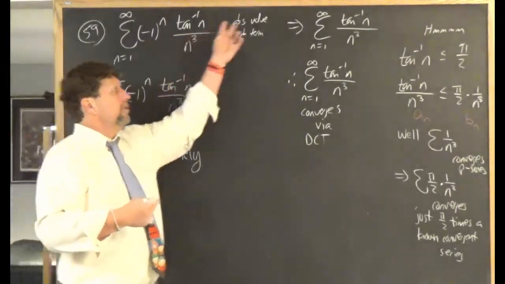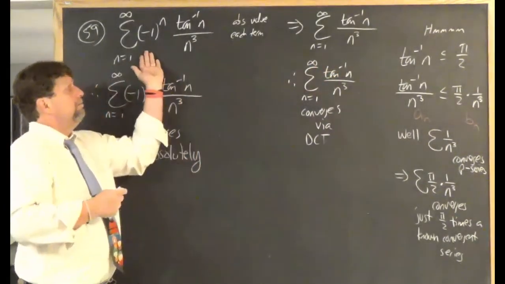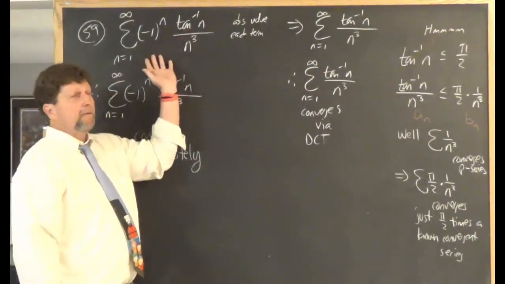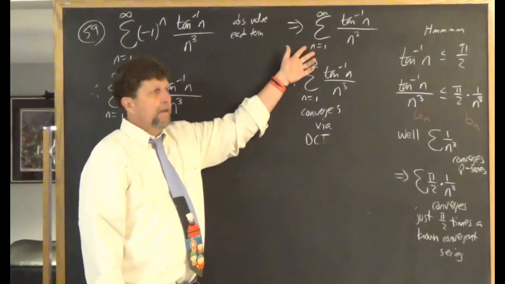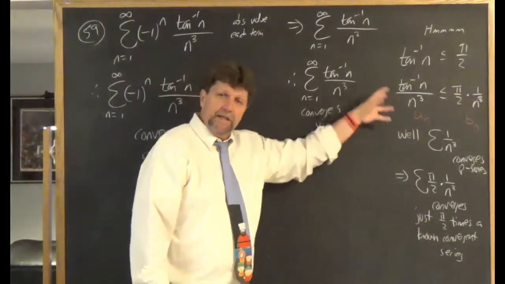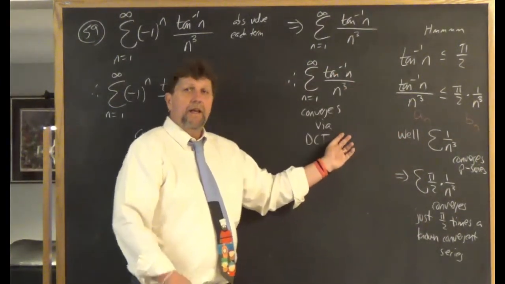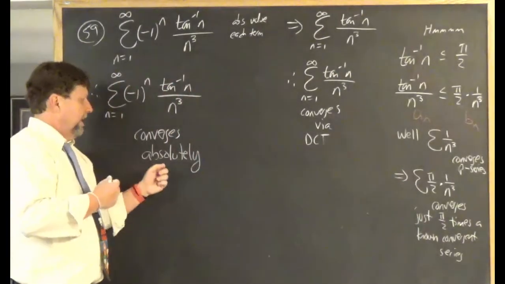But notice, by initially starting this problem off by looking at the absolute value of each term, we ended up determining that it converges thanks to the direct comparison test, and that immediately told us that the original series converged absolutely.